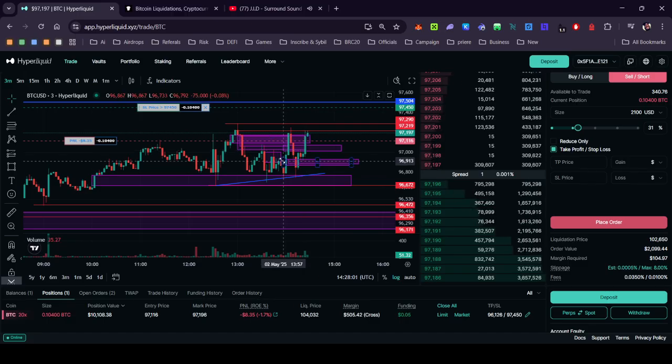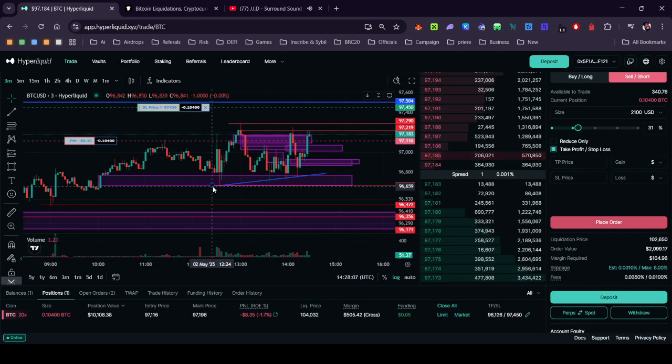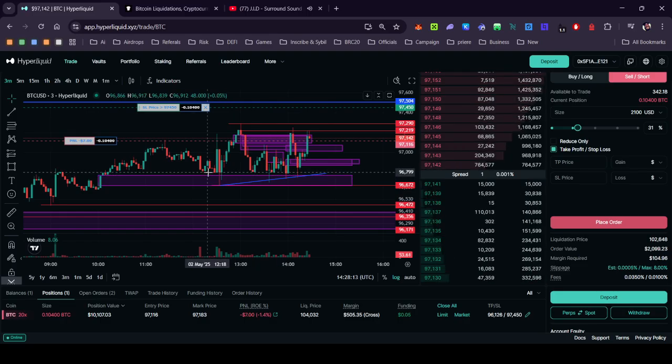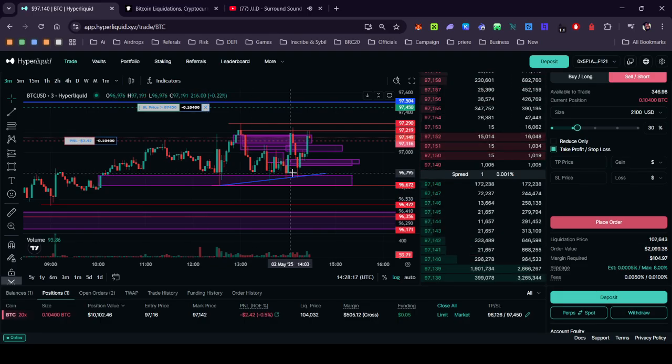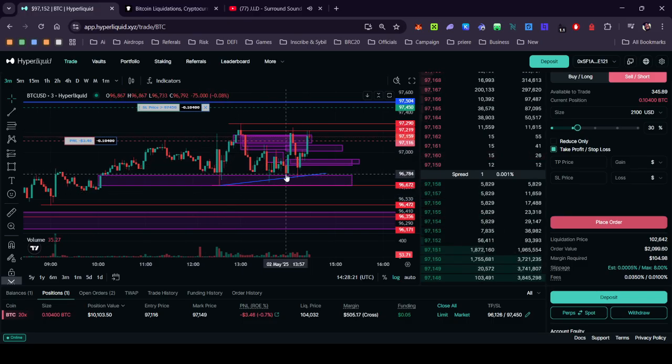Support, support, support. Higher highs, higher highs, higher highs. Liquidity level hit, liquidity level hit.